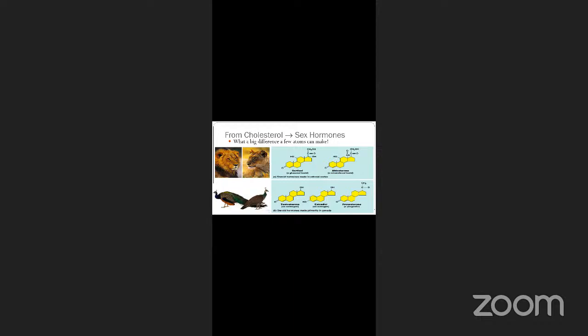Testosterone is mainly seen in males, whereas estrogen and progesterone are mainly seen in females. So the molecule itself can make a big difference. Then even the adrenal cortex: in the adrenal cortex, we have cortisol and aldosterone. These are also different hormones which will predominate and make the difference.